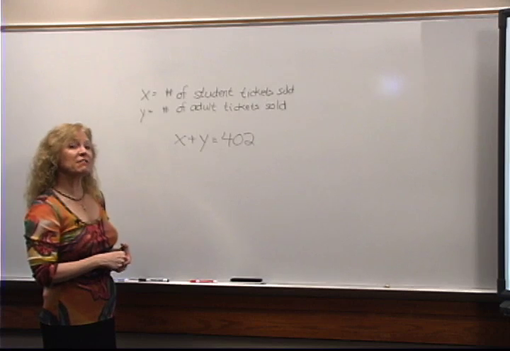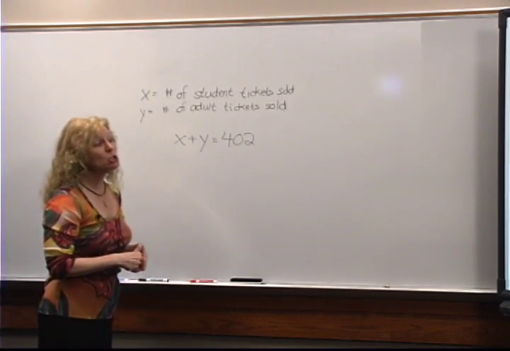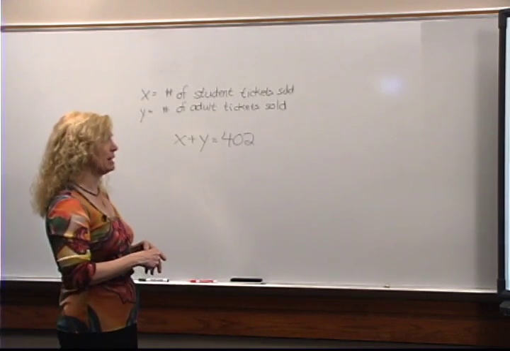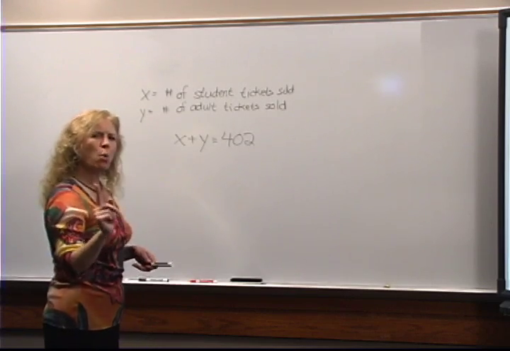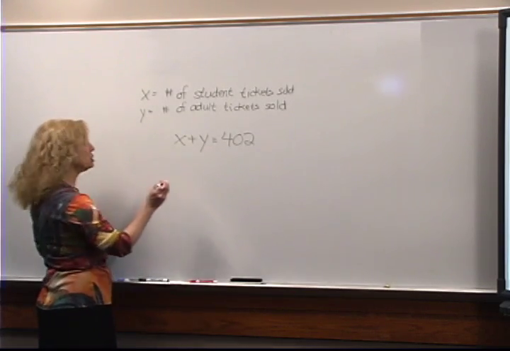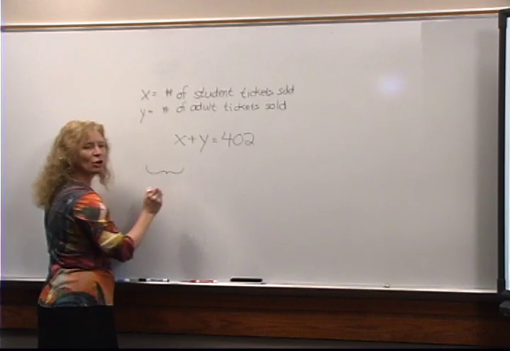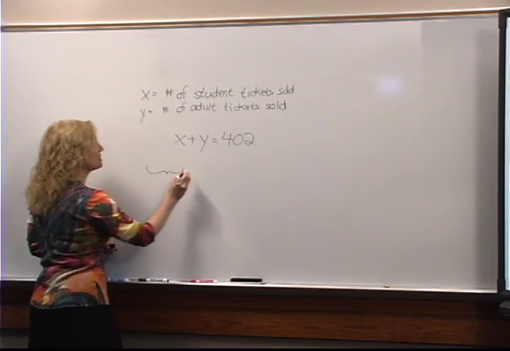And the only other piece of information that I have is the total amount of money I brought in. Now this one's not quite as simple, so what I might want to do is give what I call a skeleton equation.